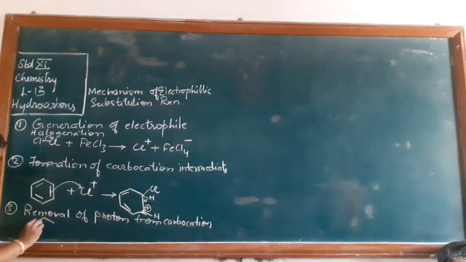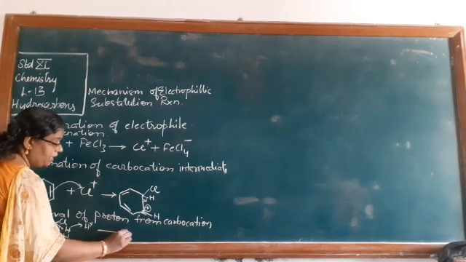This is the Cl, this is the H, this is the H, and this carbon has a positive charge. The pair of electrons between C and H gets back here, and H will be removed in the form of H plus. So that is the removal of proton taking place.